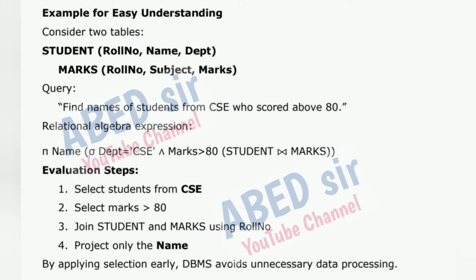Evaluation steps. 1. Select students from CSE. 2. Select marks above 80. 3. Join student and marks using roll no. 4. Project only the name. By applying selection early, DBMS avoids unnecessary data processing.